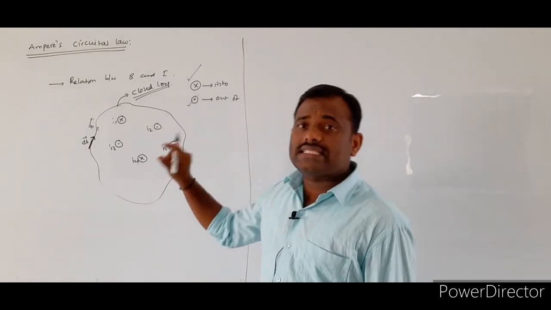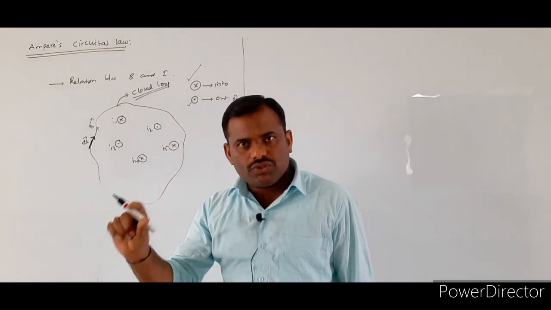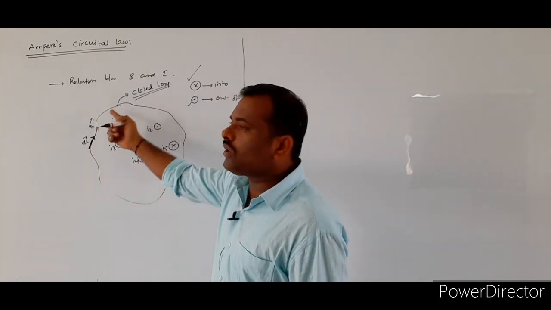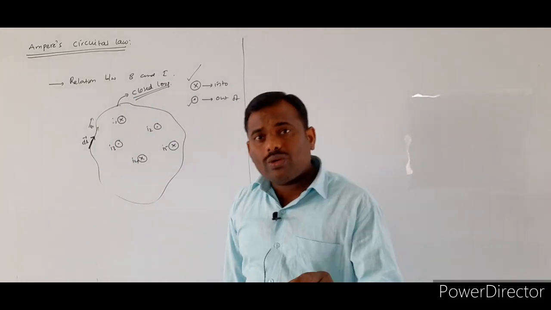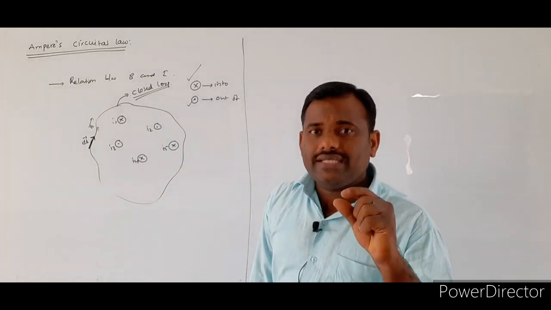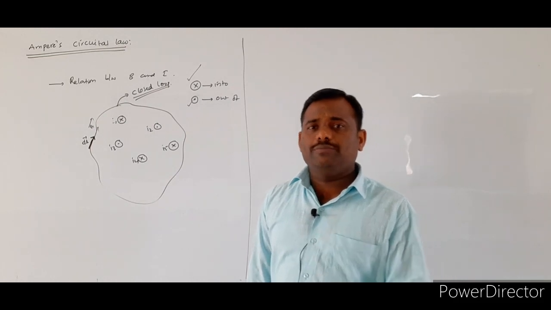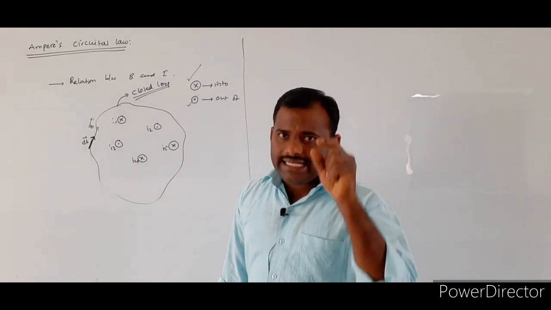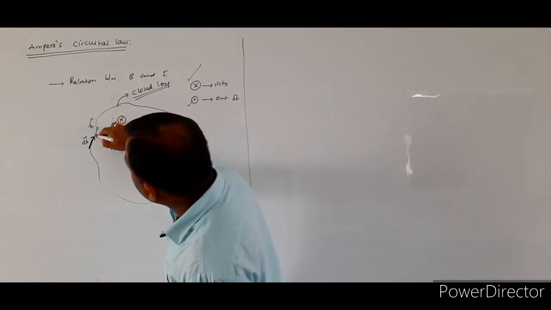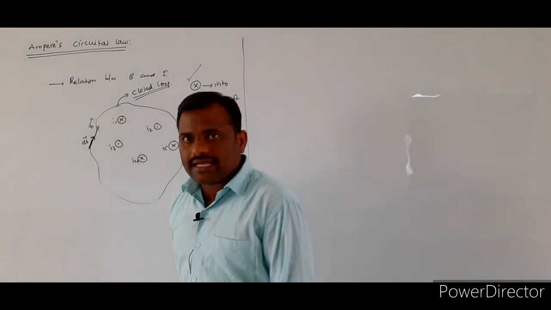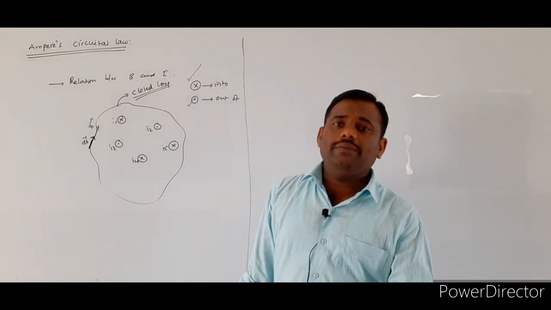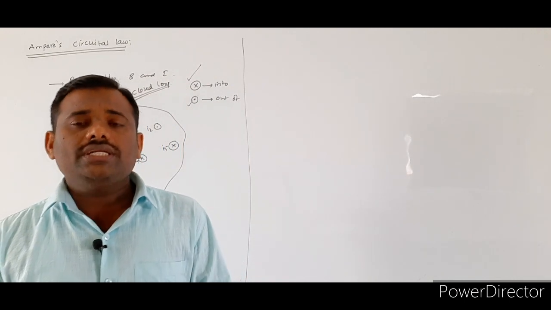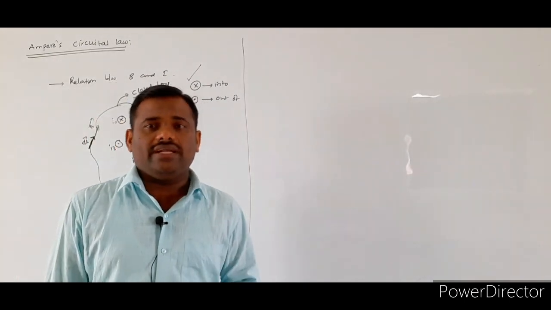Just consider a small element, a small portion of length dl bar on the periphery of the given closed loop. Where you consider the small element dl bar, this point is very important. At that point, if you draw a tangent, that tangent gives the direction of the resultant magnetic field.